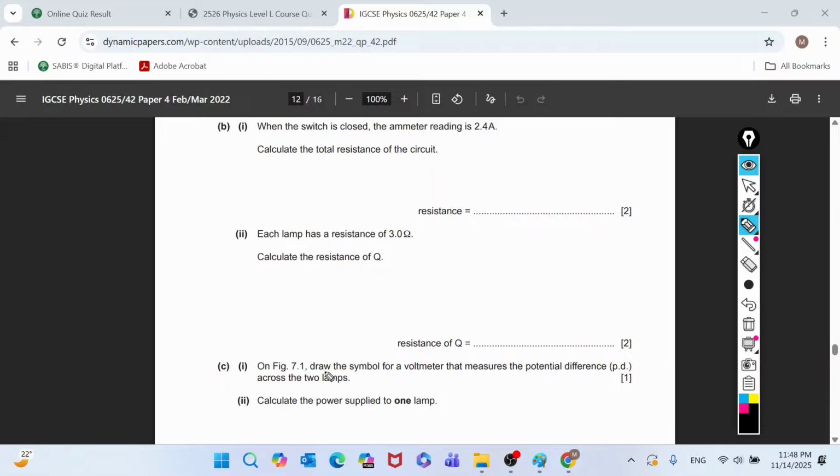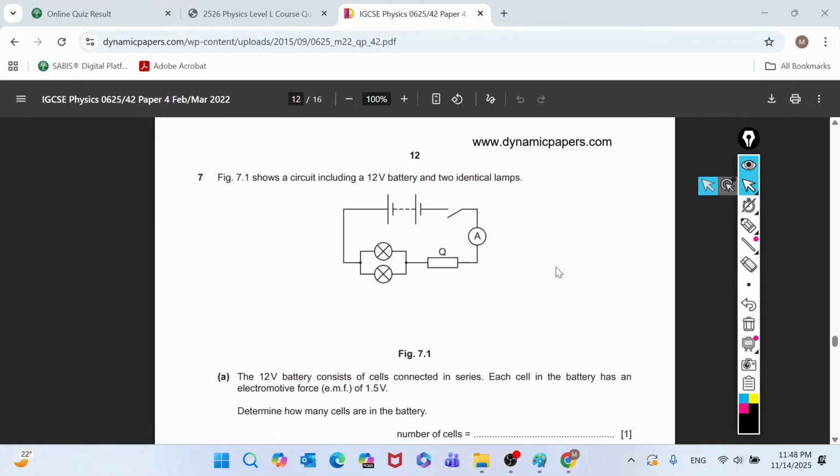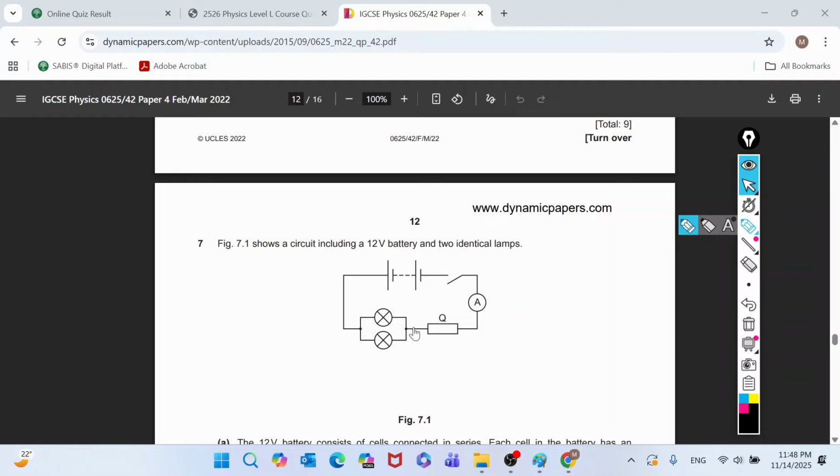On figure 7.1, draw the symbol for a voltmeter that measures the potential difference across the two lamps. Potential difference is gonna be like this, the voltmeter. Or you guys can draw it up, it doesn't matter.